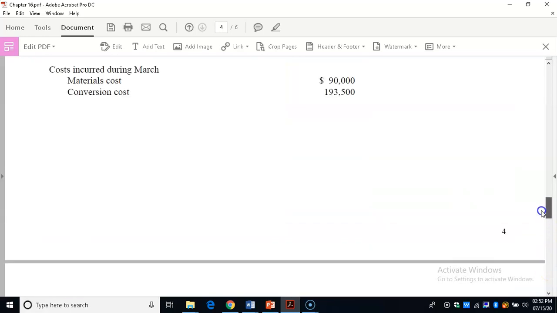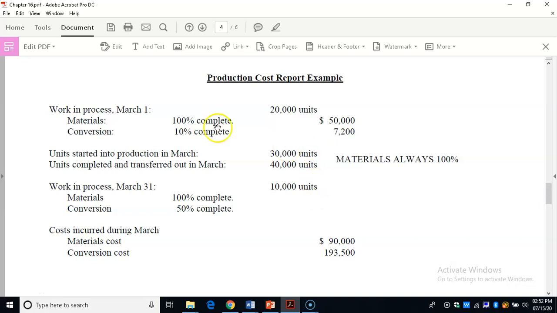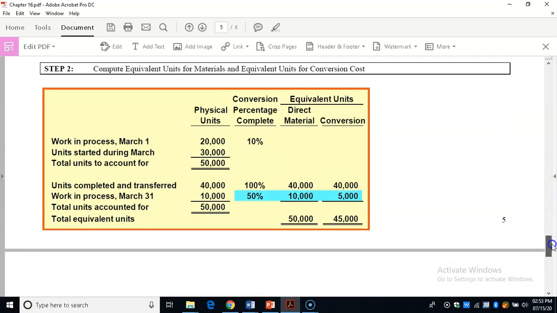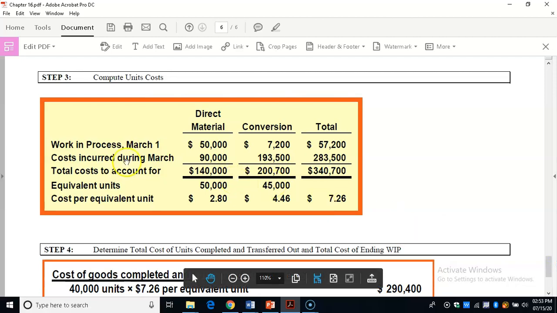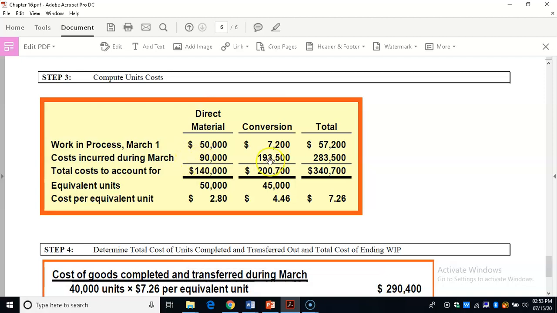Well, going back to the original information, work in process March 1st, how much direct material cost? It was 50,000, right? Okay, so in step 3, all of these numbers here in this box, 50,000, 90,000, 7,200, 193,500, those are all given to you.